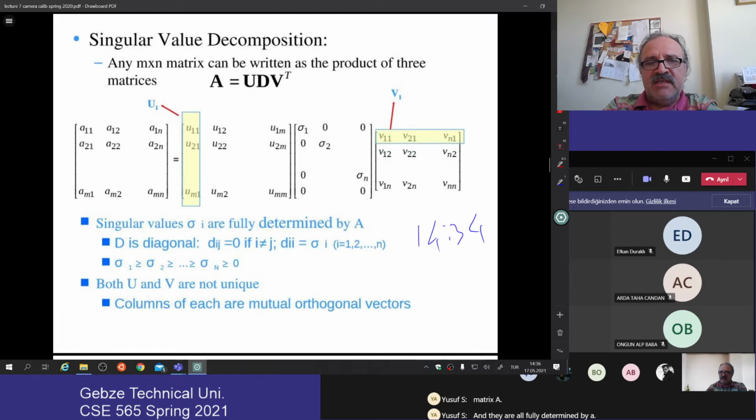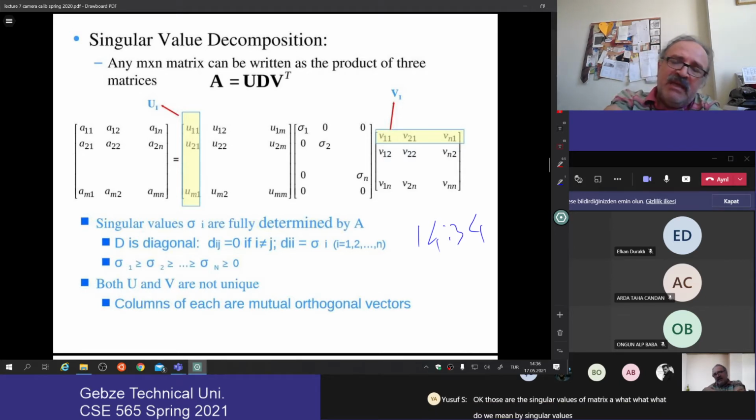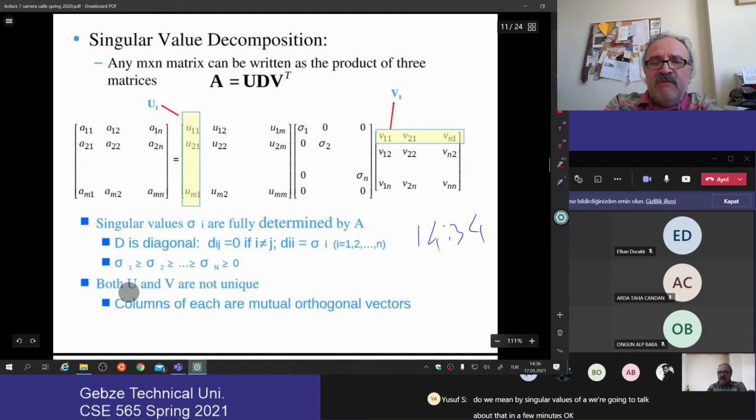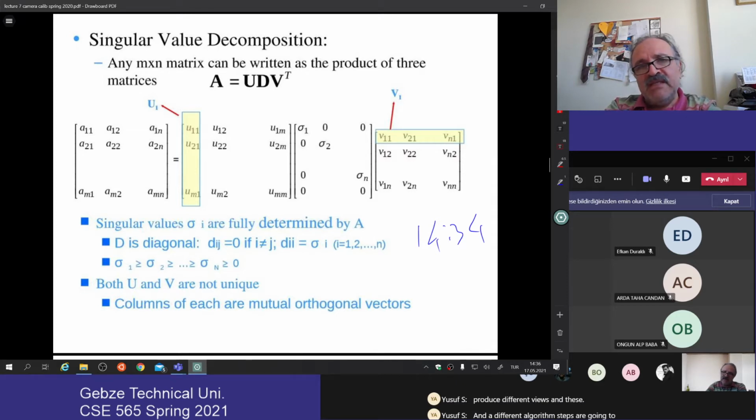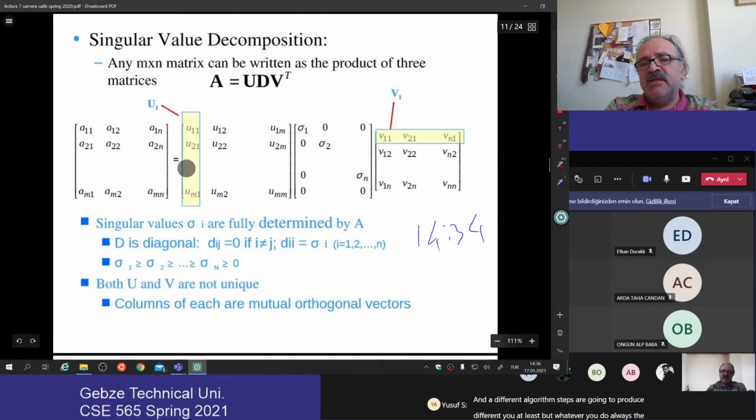Those are the singular values of matrix A. What do we mean by singular values of A? We are going to talk about it in a few minutes. Both U and V again are determined by A, but they are not unique. Different singular value decomposition algorithms could produce different U's and V's. But whatever you do, the columns of U and V are always orthogonal.